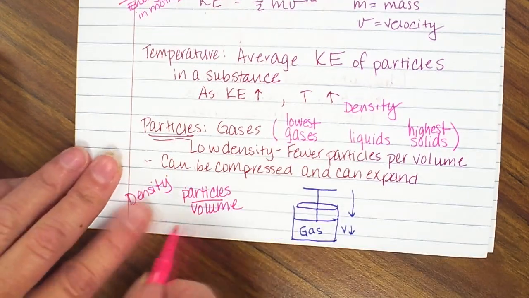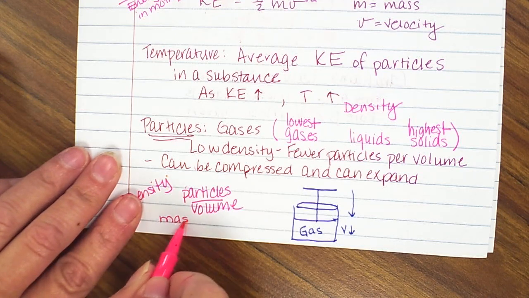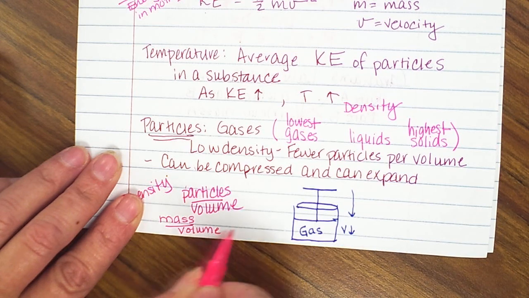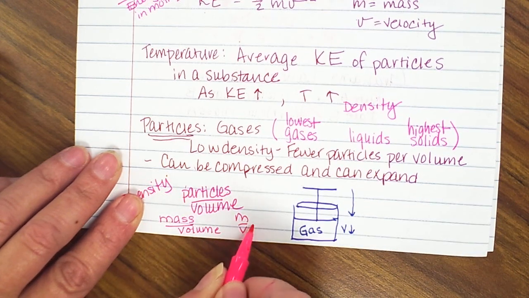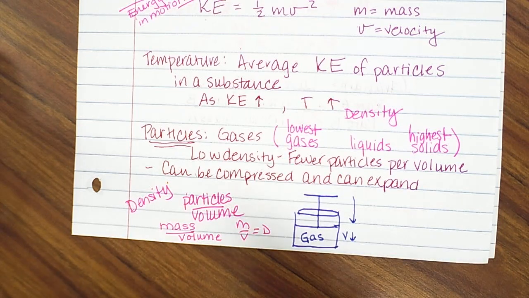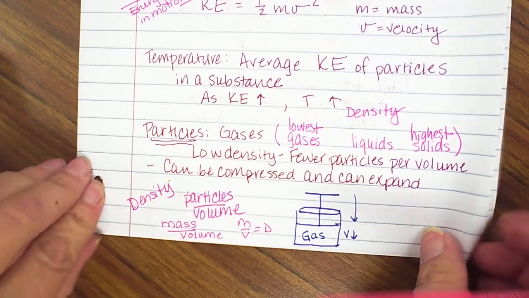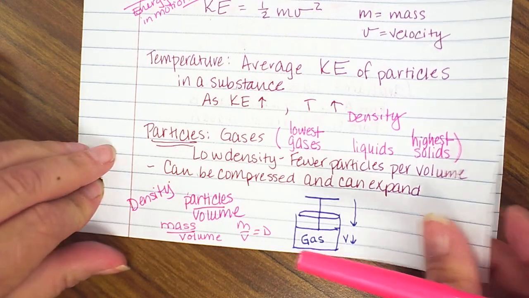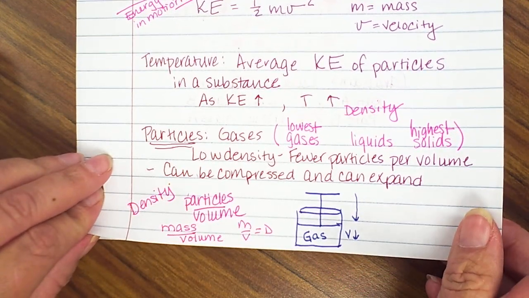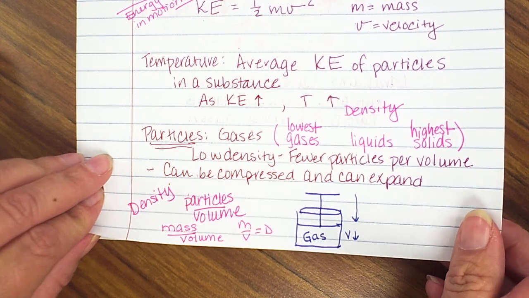And the second is defined as mass per volume, which is m over v, which is equal to d for density. All right? So the lowest is gas, liquids is in the middle, and then solids have the highest density.